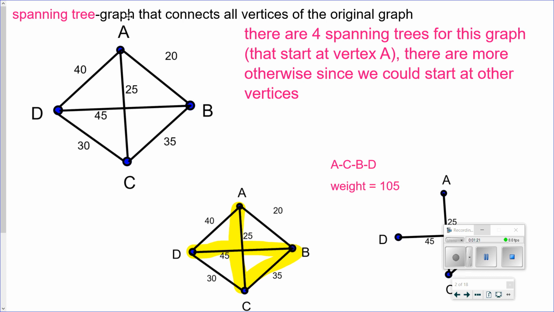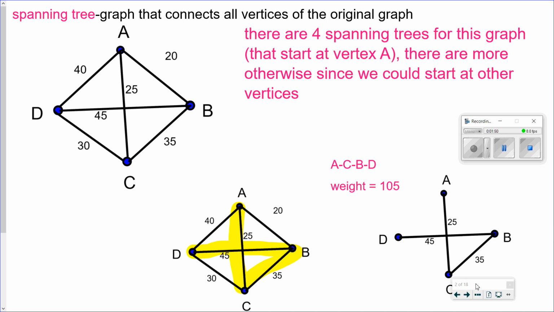It's a graph that's based on an existing graph, and that new graph has to connect all the vertices of the original graph. This graph to the left, ABCD, has 4 spanning trees that start at vertex A. You could actually make more that start at different vertices, but the ones that I drew for this example are all starting at A. So down here is one.